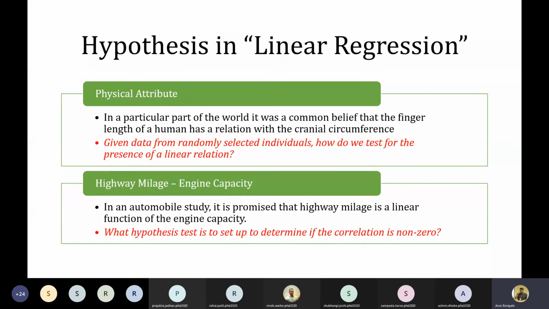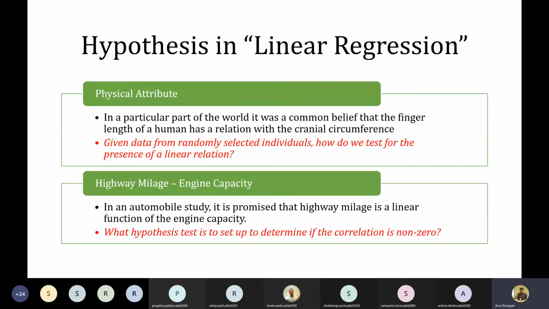Similarly, one more example is highway mileage and engine capacity. In an automobile study, it is promised that highway mileage is a linear function of the engine capacity. Means, mileage depends upon the engine capacity. If it is a 100cc bike, the mileage is some X, some 80 kilometer per liter, and if it is 150cc, the mileage will reduce to some 60 kilometer.